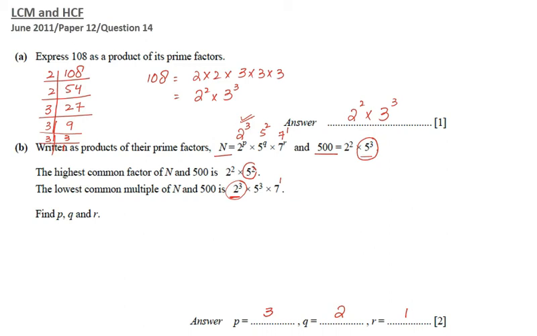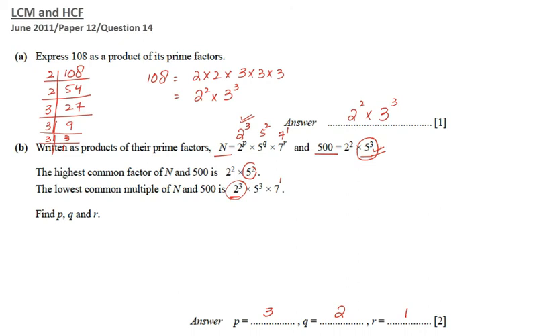Then for q, as we are having 5 square in HCF and 5 cube in LCM, one of the numbers is having 5 square and the other number must be having 5 cube. As 500 is having 5 cube, the other number must be having 5 square. That's why in HCF we are having 5 square common. Similarly, when we talk about 7, it has power 1 only in LCM.